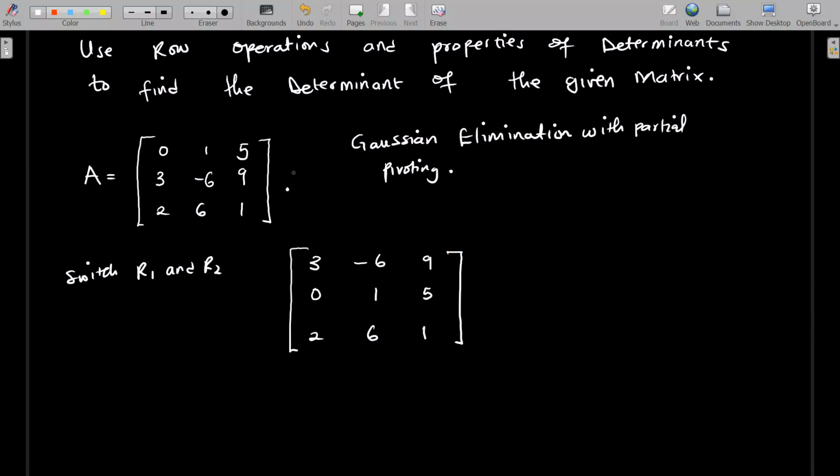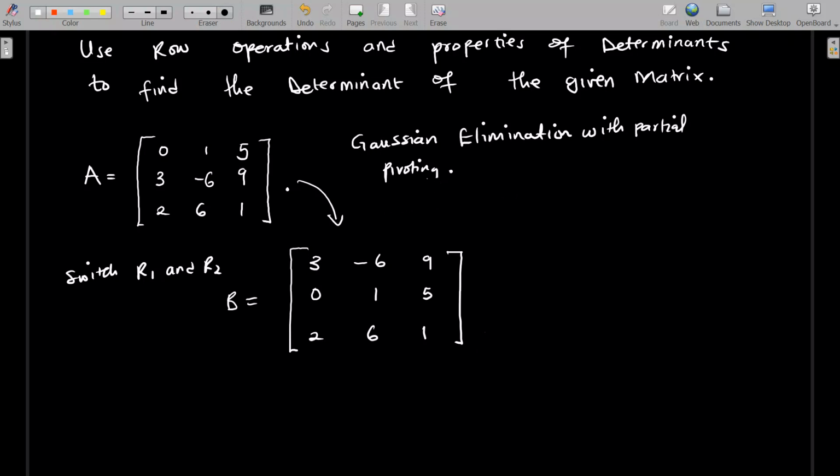So because we switched rows in A, if I call this new matrix B, then the determinant of A should be equal to negative times the determinant of B, right? So whatever result we get for the reduction of B, suppose we didn't switch any other row, we have to multiply by negative to get the determinant of A, from the properties of determinants. So that should be in your mind.